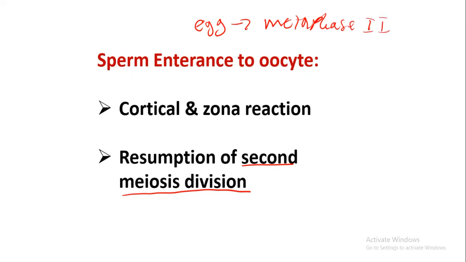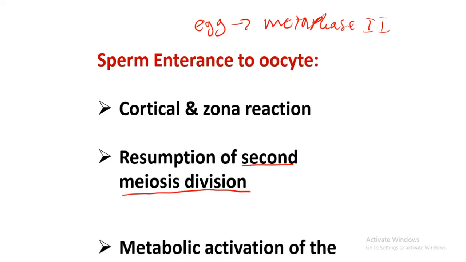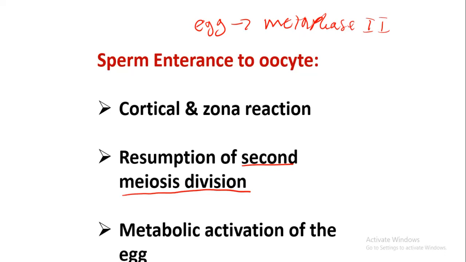After the sperm penetrates and enters the oocyte, there is the resumption, or the starting, of meiosis 2, starting from metaphase 2. After that, the egg cell will undergo various metabolic reactions. Some changes will now start taking place.